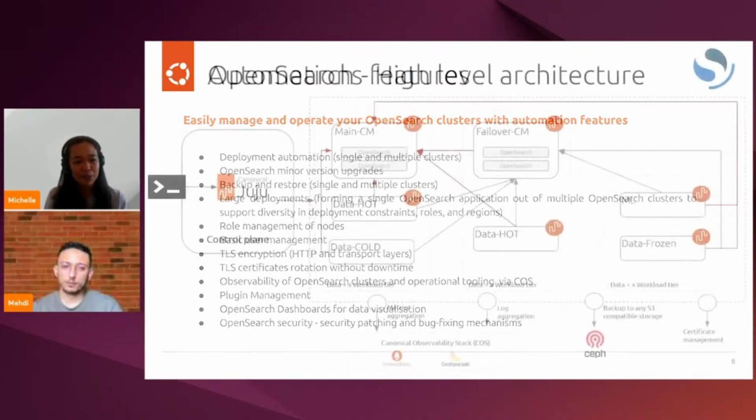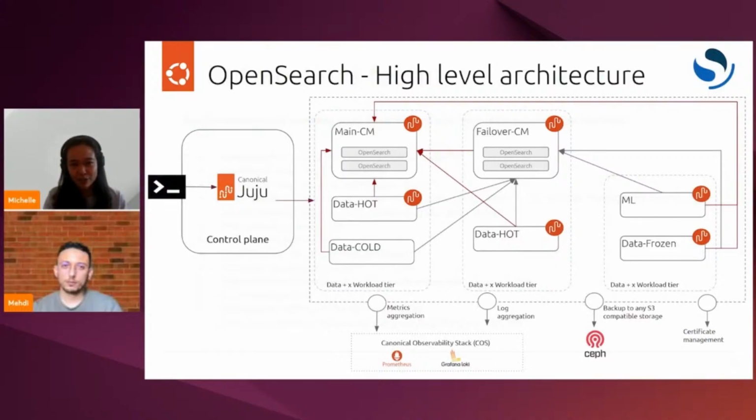But we'll go to the large architecture of OpenSearch, which is a very good thing to highlight in terms of what we've implemented in automation. But before we deep dive into this architecture, Mehdi, can you tell us more about the upstream design of large architecture and what we made with Charmed OpenSearch to make it simpler to handle?